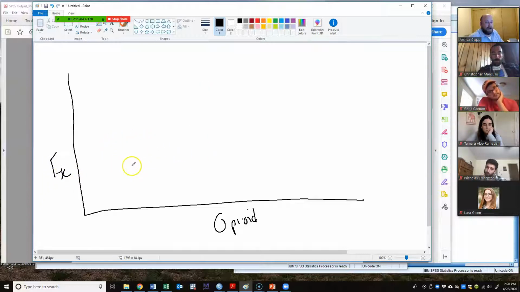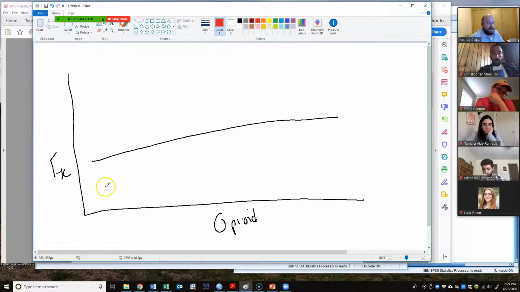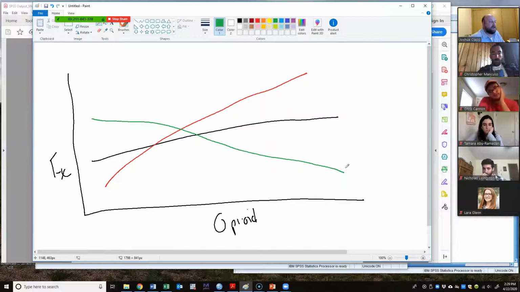And what we might find is that opiate use and functioning has something that doesn't look very strong, okay? But if we look at this at high and low levels of pain, at high levels of pain, we might see something like this, and at low levels of pain, we see something like this, right?